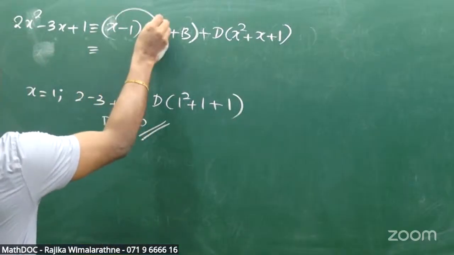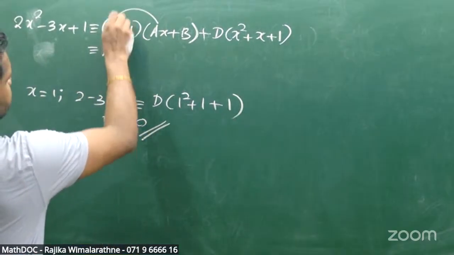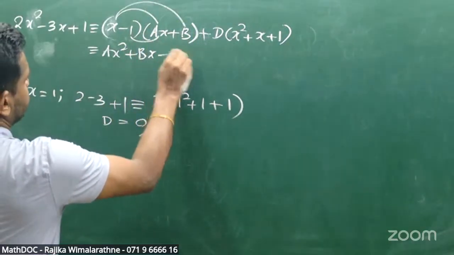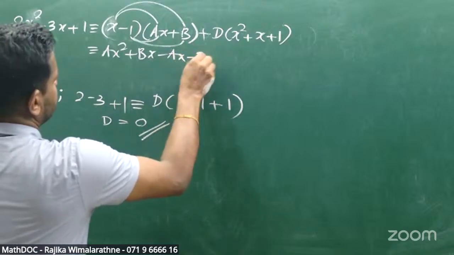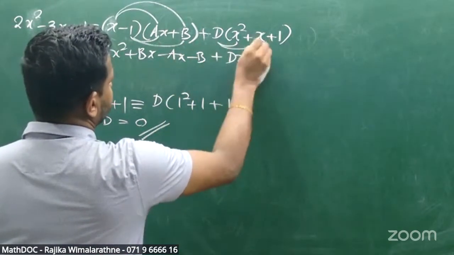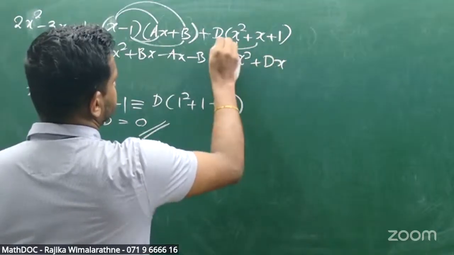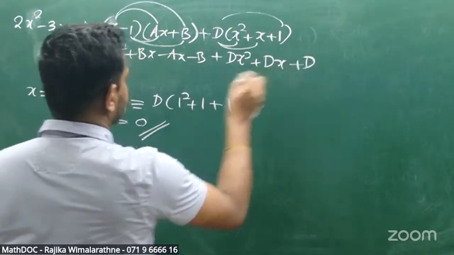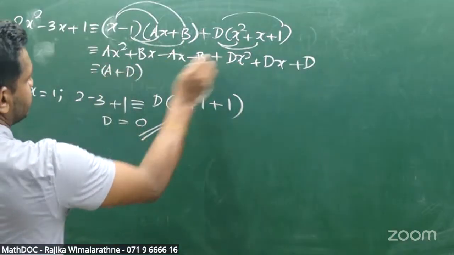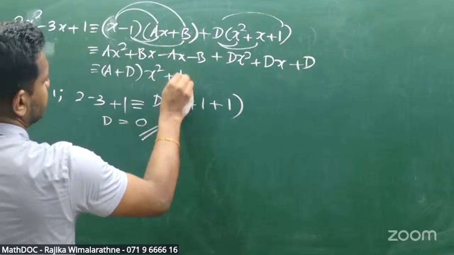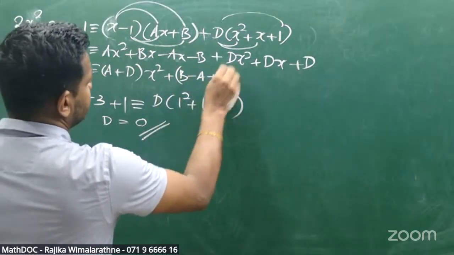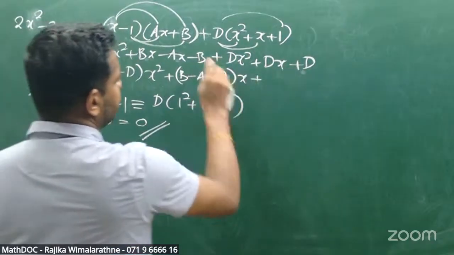Then expand: ax squared plus bx minus ax minus b, plus dx squared plus dx plus d. That gives (a plus d)x squared plus (b minus a plus d)x plus (d minus b).